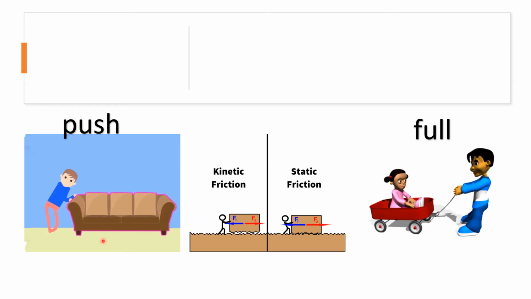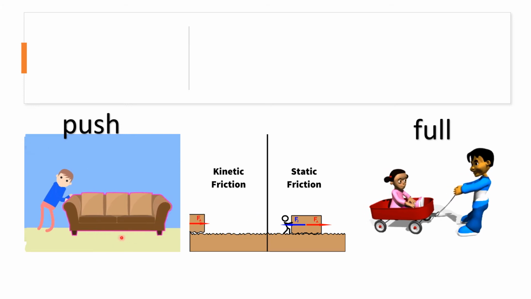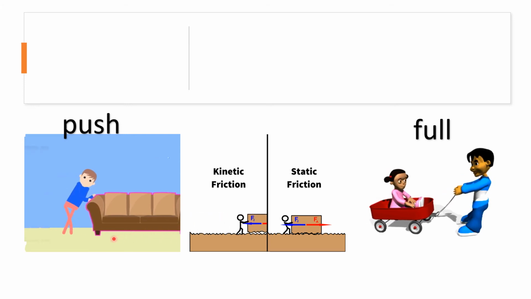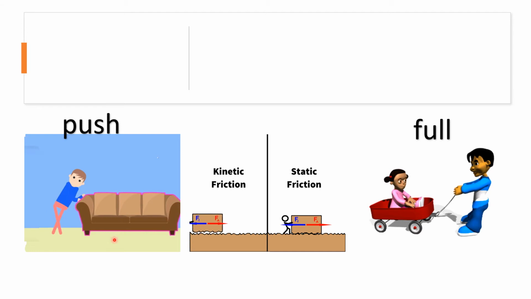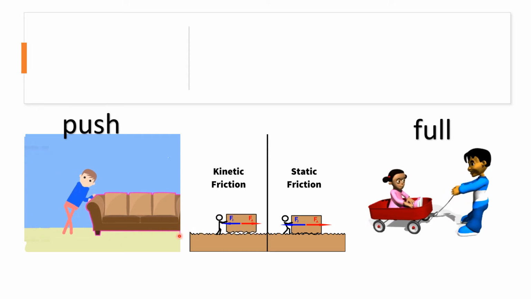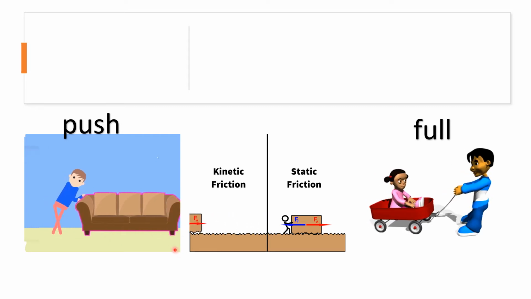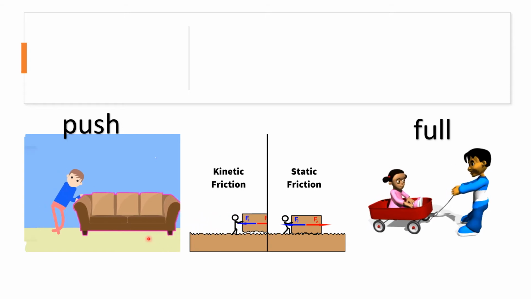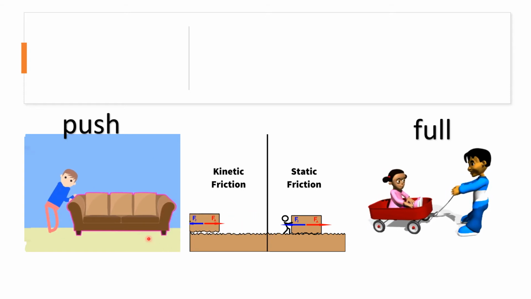Kapag naman nagtutulak tayo ng bagay sa madulas na bagay, katulad ng kunyari ng tiles, ang friction ay lesser or less friction. So, tandaan natin that friction can resist the motion of an object. So, friction is helpful.